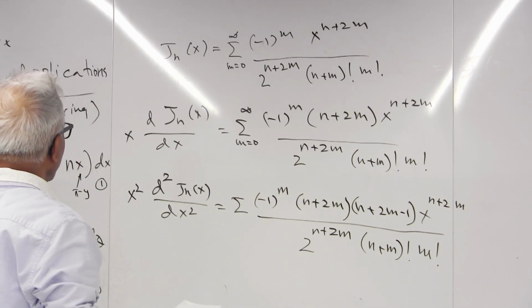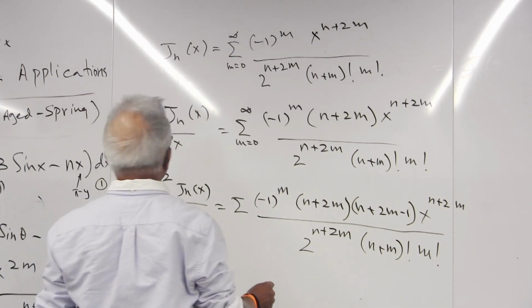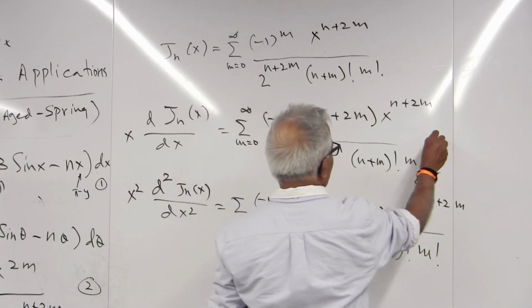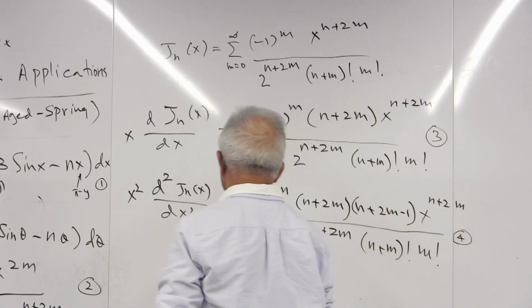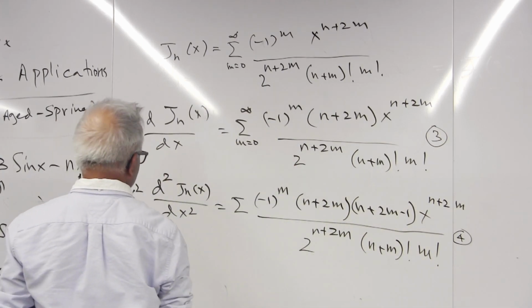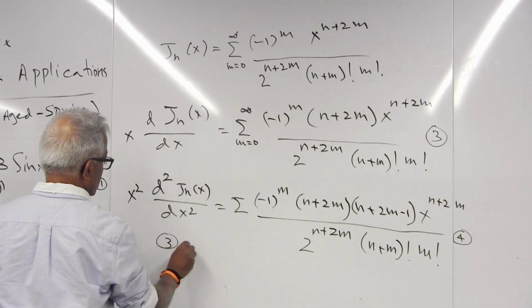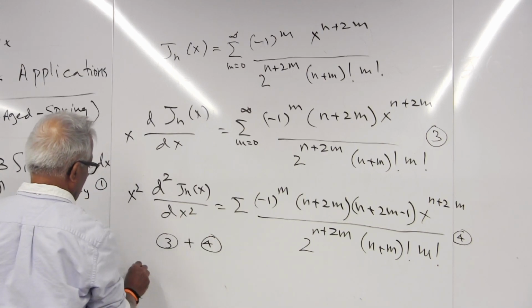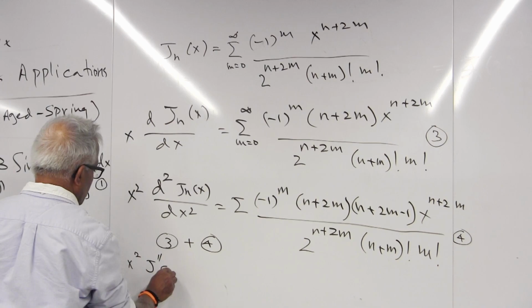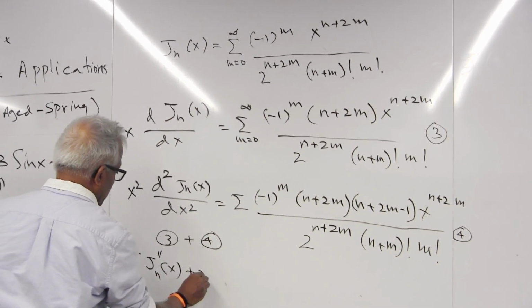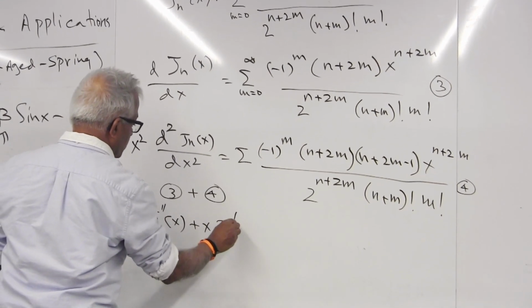And now if I add these two, let's say 3 and 4, so you get x squared double derivative of Jn of x plus x derivative of Jn of x.